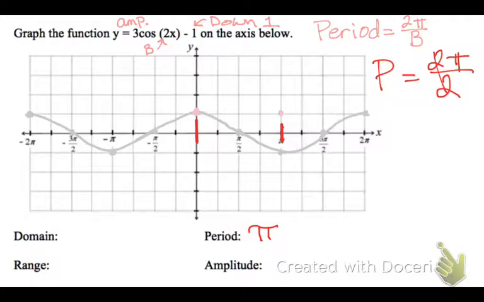Now, if I'm at the top of a hill at 0 and I've gone all the way down and back up to the top of a hill at pi, that means my valley needs to be halfway between 0 and pi. So now I'm going to guesstimate that that is my cycle whose length is 1 period.